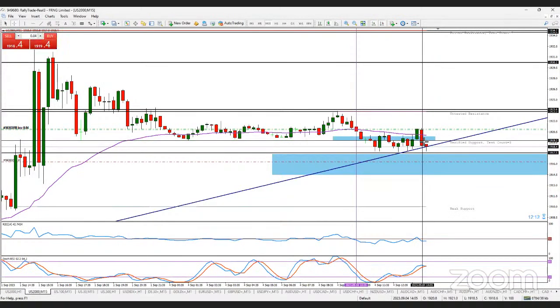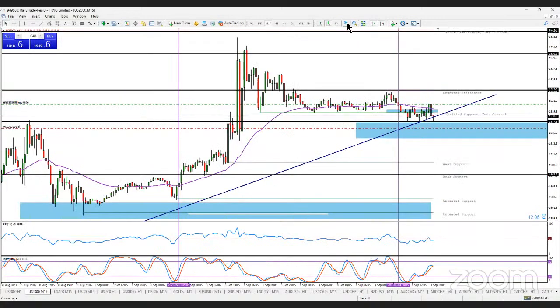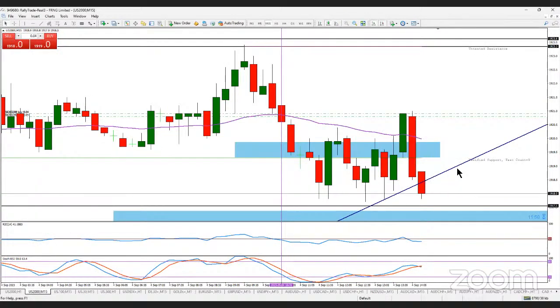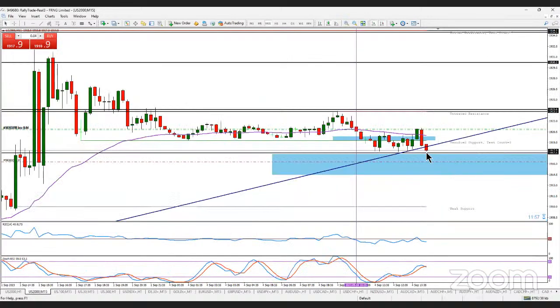My RSI has gone below 50, and my stochastic RSI is trying to cross downwards. I told you that once it does that, it will try to go to the next support. The next support here is either this trend line or this support region here. That is where to be looking to go to.